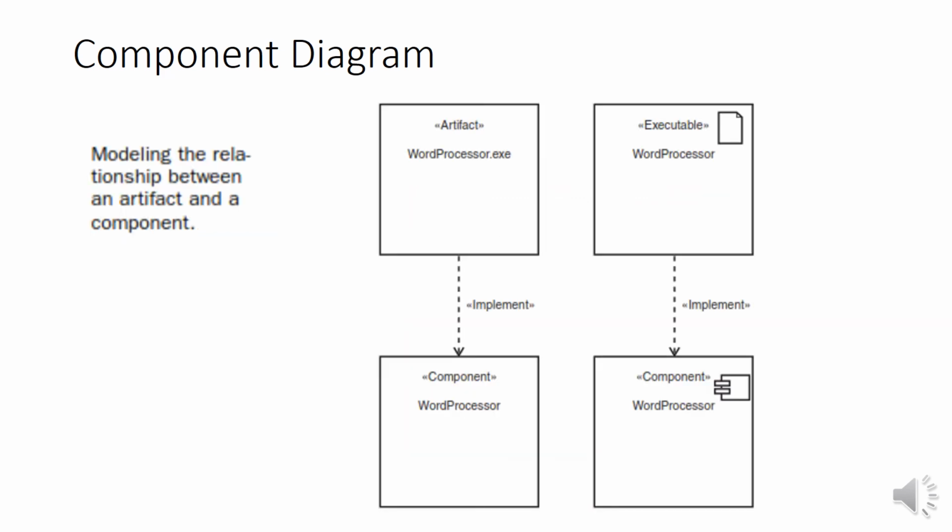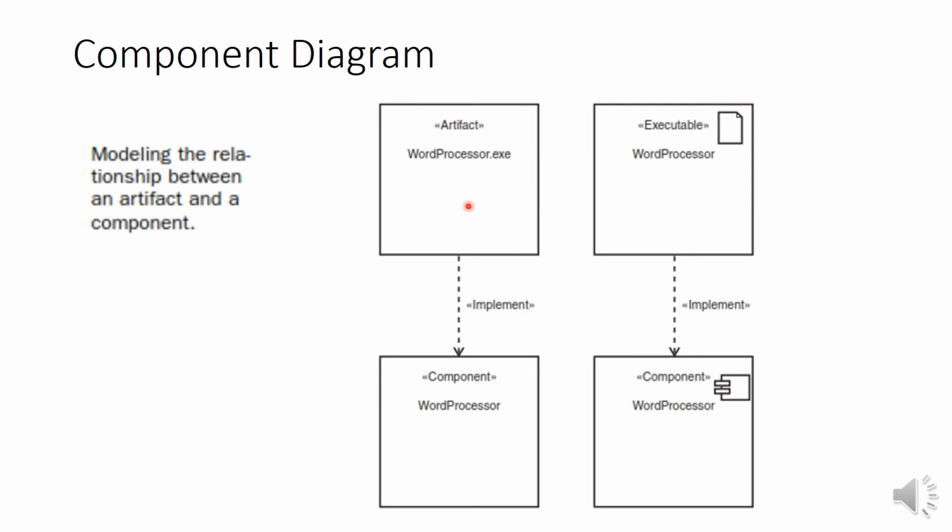This figure shows how to model the relationship between a particular kind of artifact and its component. Artifact is an executable file that belongs to the component.